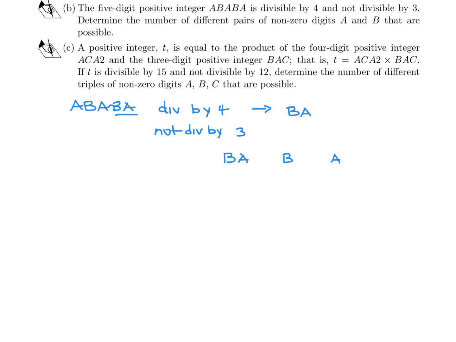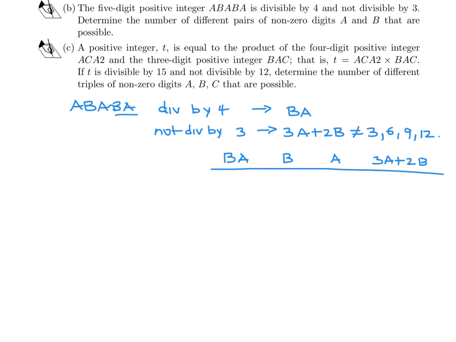If it's not divisible by 3, then that means the sum is not divisible by 3. So the sum would be 3A plus 2B, and that cannot be a multiple of 3. So it cannot be 3 or 6 or 9 or 12, you get the point. Okay, and then let's put 3A plus 2B. I don't think this should take too long. A little time consuming, but it shouldn't be so bad.